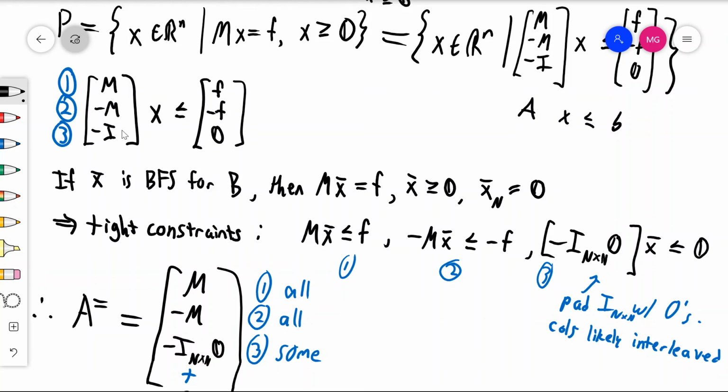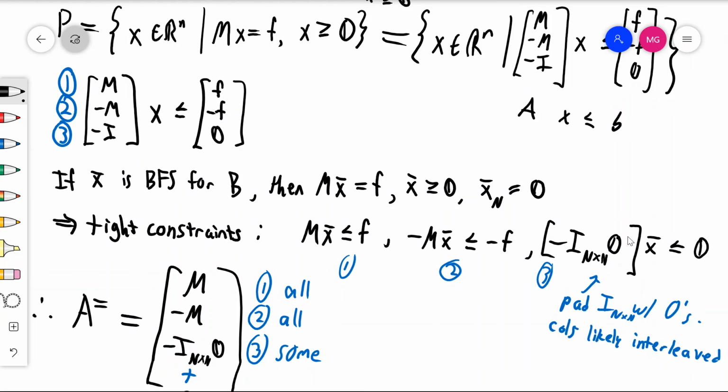So these zeros do appear in the negative identity matrix here of type 3. But this identity matrix was the same size in terms of width as M and minus M, whereas this is a square submatrix, so it's not the same size.